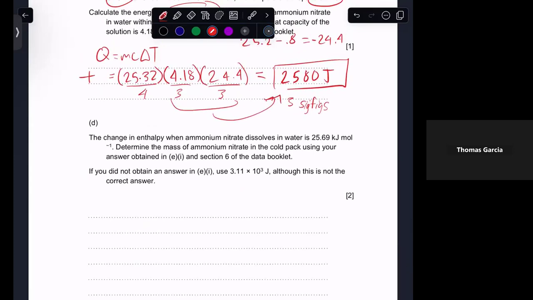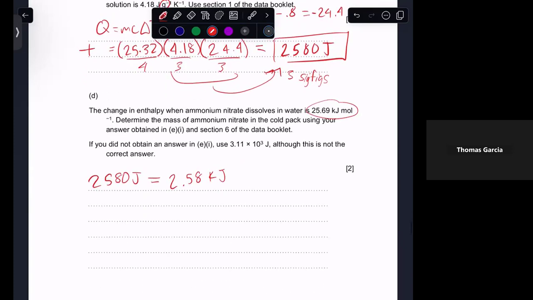So what we have to do is first recognize that we're in joules. So our previous answer, 2580 joules, is equal to 2.58 kilojoules. So we absorb 2.58 kilojoules. Now it's telling us that normally 1 mole of it would make 25.69 kilojoules.